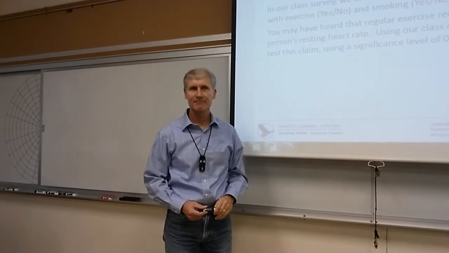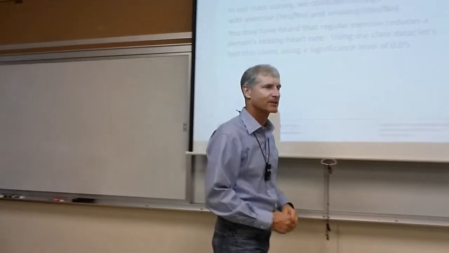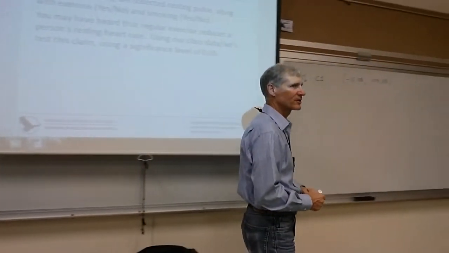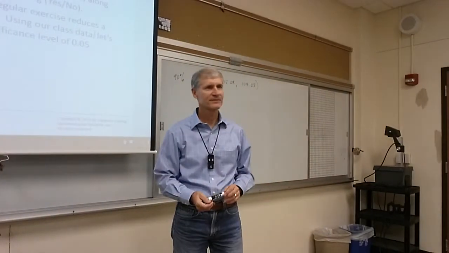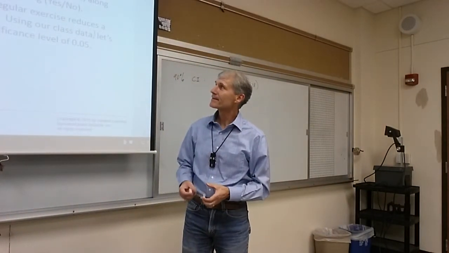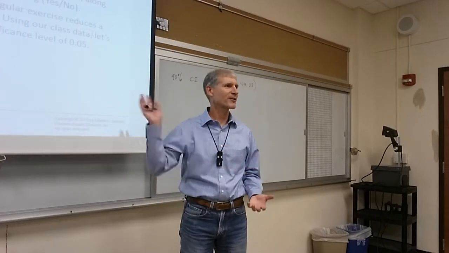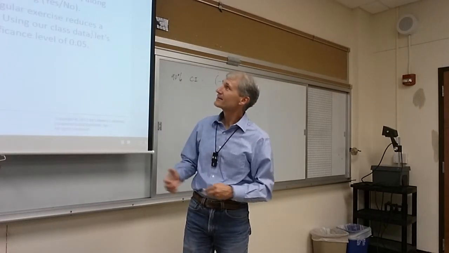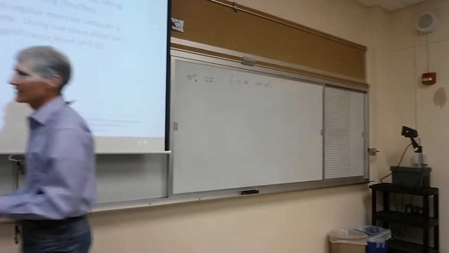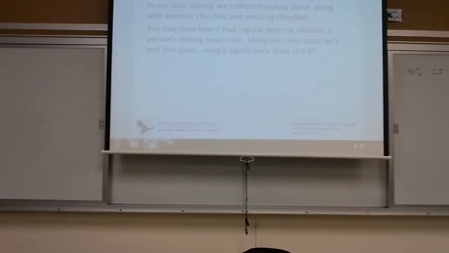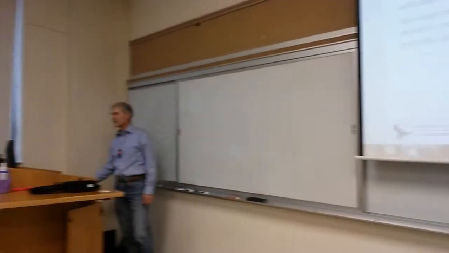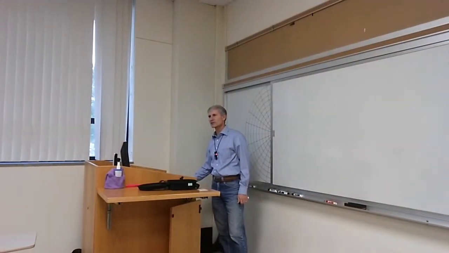All right? So I want you to do this. Step number 1, state the null and alternative hypothesis. I know you're used to a lot longer paragraph than this, but let me show you the data. It says that the important sentence here is regular exercise reduces heart rate.